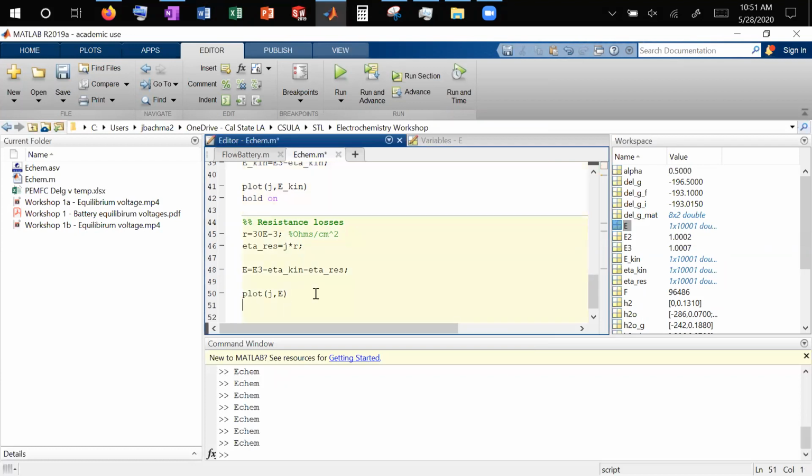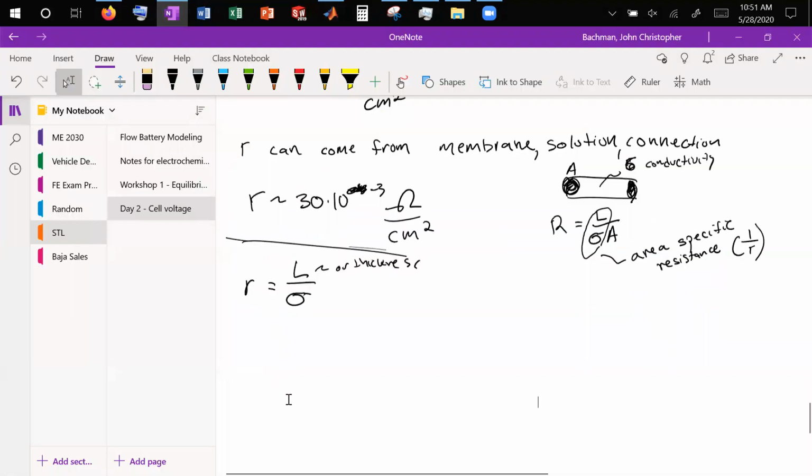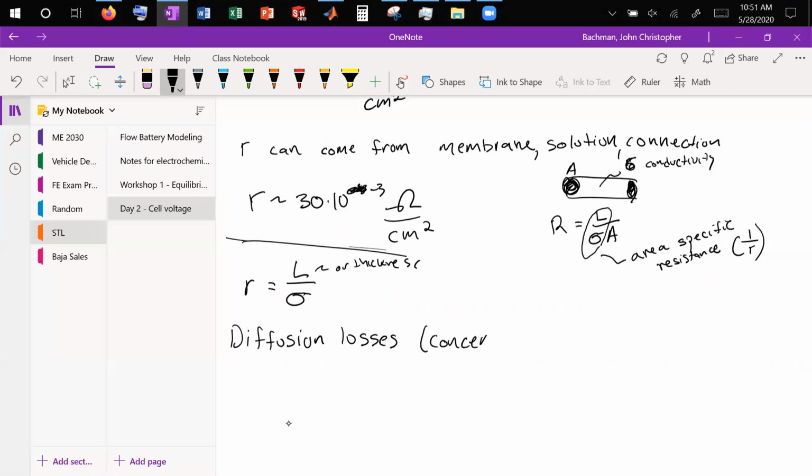All right, so let's go to the last one I want to talk about today, our diffusion losses. So these are the three. We usually think about kinetics, resistance, and diffusion losses. Sometimes they call this concentration polarization.